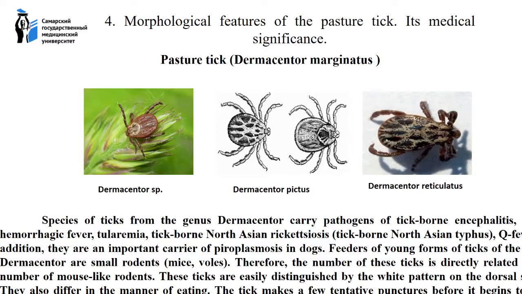These ticks are easily distinguished by the white pattern on the dorsal shield. They also differ in the manner of eating. The tick makes a few tentative punctures before it begins to suck blood.